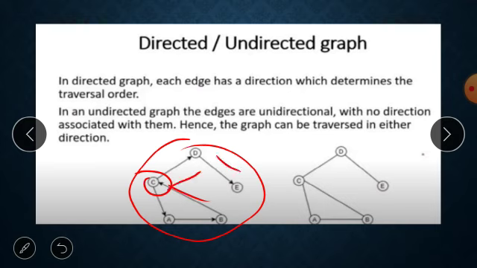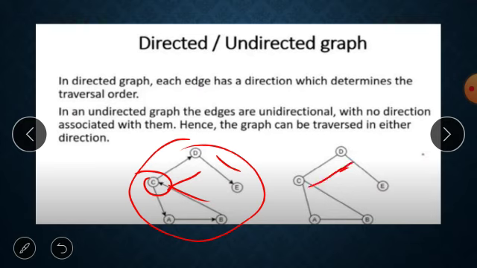But in an undirected graph, the edges are bidirectional with no direction associated with them. Hence the graph can be traversed in either direction, that is, in both directions. This is the undirected graph. The edges have no direction.